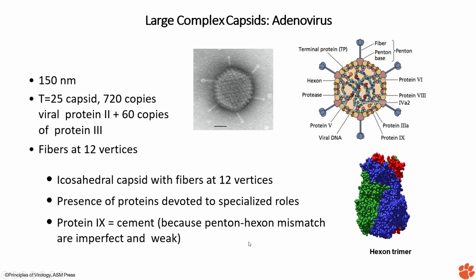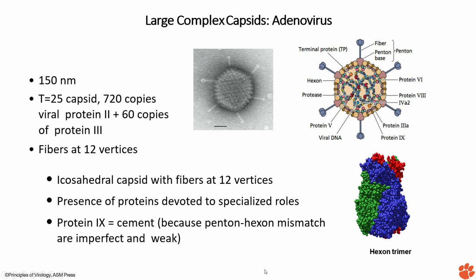Even with that, and with these 12 vertices, those are all good, but when you have this complex type of structure, sometimes the penton-hexon mismatch makes an unstable structure. So sometimes you need a cement protein. You can see that protein 9 is a cement protein which can stabilize these structures.